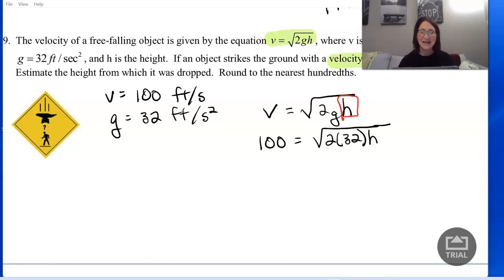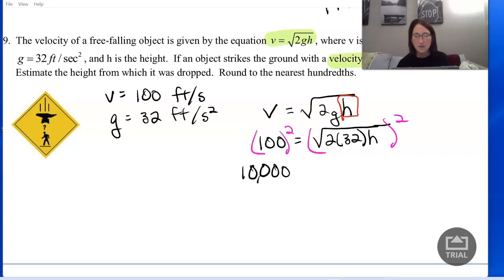So the first thing I want to do is raise both sides of my equation to a power equal to the index. Okay, so that's going to give me 100 squared, just 10,000, equal to 2 times 32 is 64h.